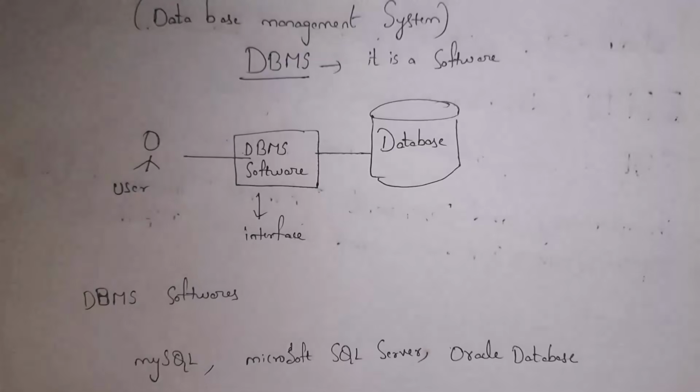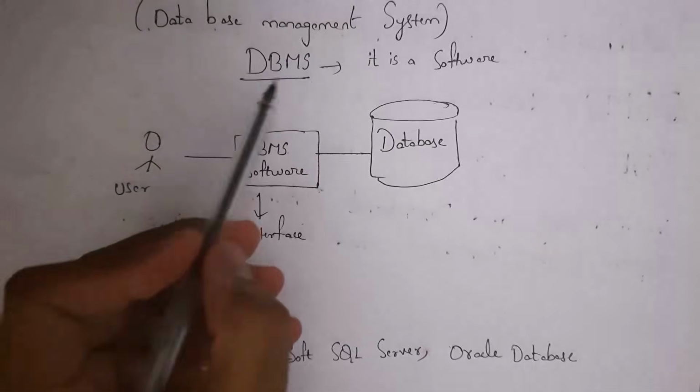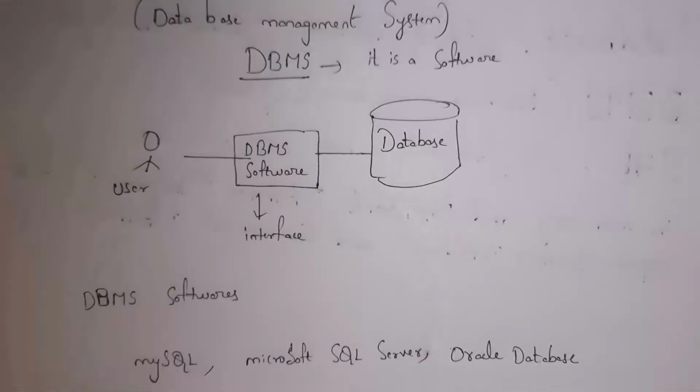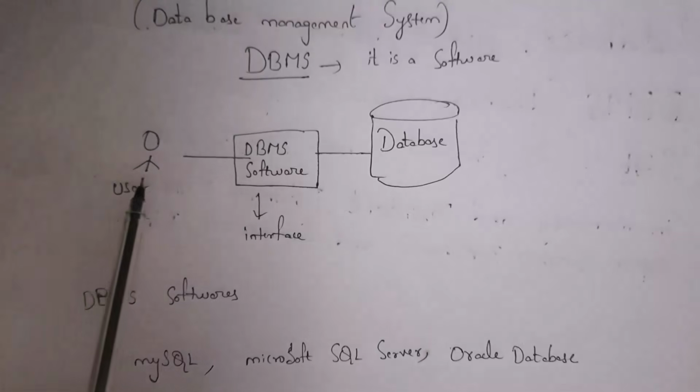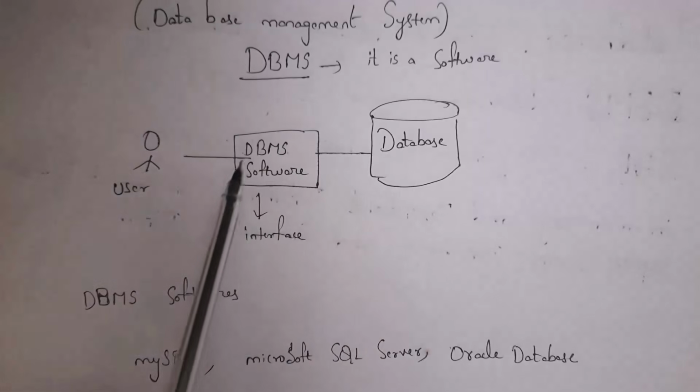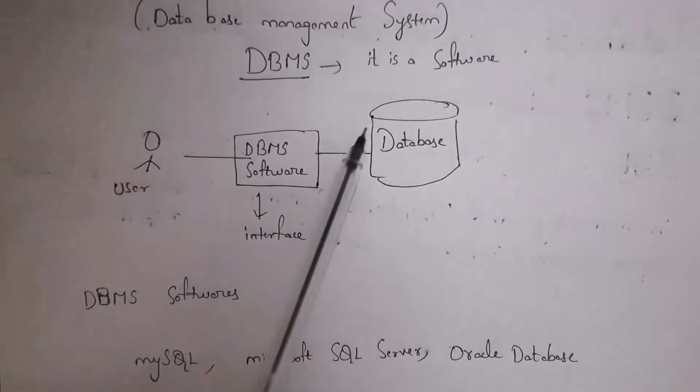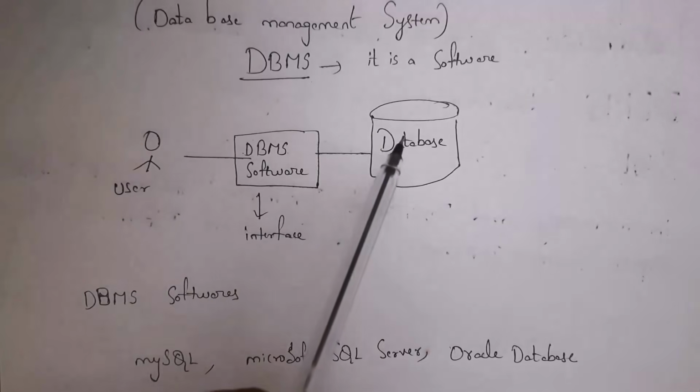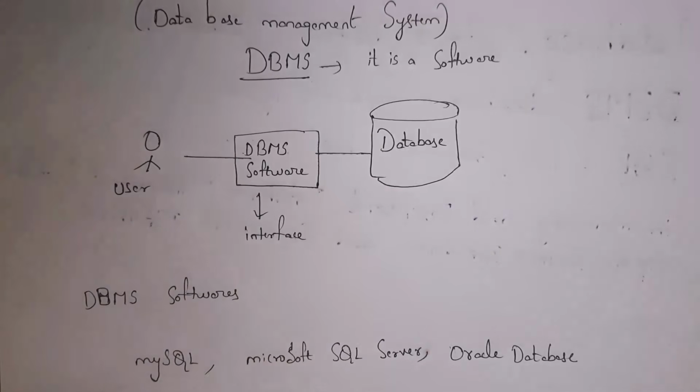Next, I will explain what is DBMS. DBMS stands for Database Management System. This DBMS is software. In order to establish communication between user and database, we need DBMS software. By using this DBMS software, the user can create a database, insert tables inside the database, and perform various operations on the database.